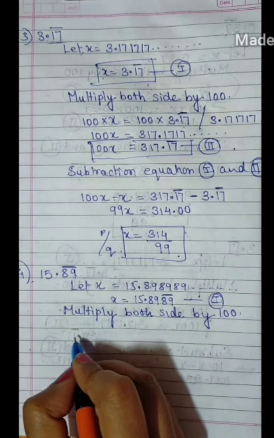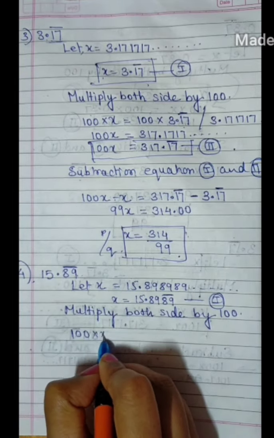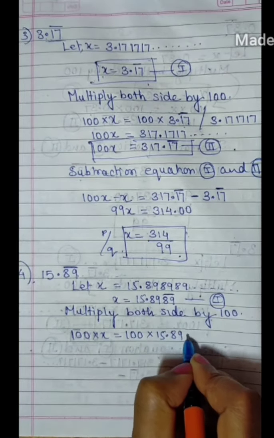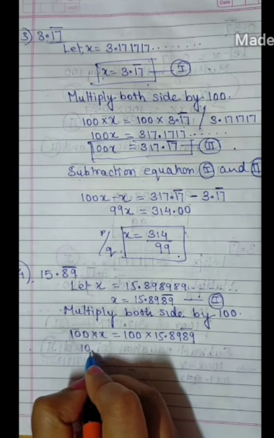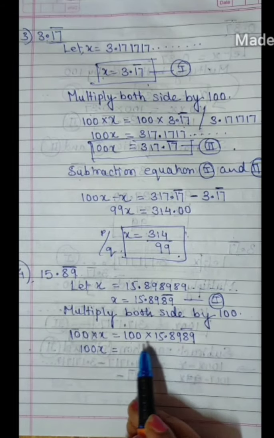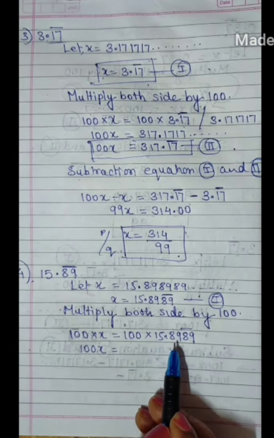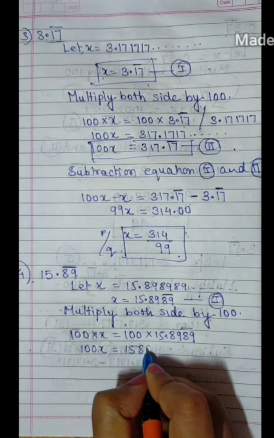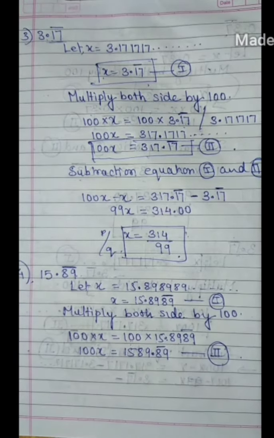Now 100 into x is equal to 100 into 15.89 bar. After multiplying we will get 100x is equal to, because of this multiplication by 100 the decimal point moves. So these two numbers will come this side. So the answer will be 1589.89 bar. This is our second equation.